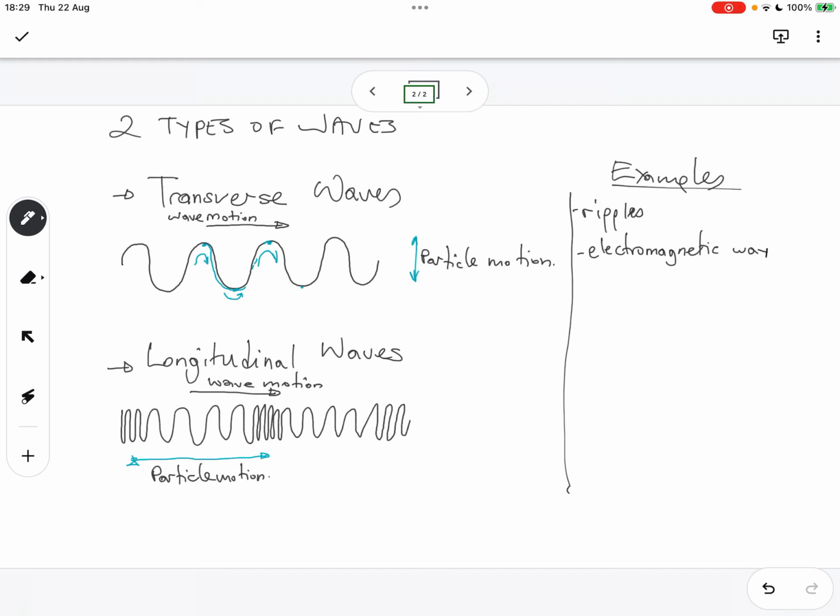And these also include light, radio, exactly the same radio in our households, like the FM radio, right? So radio waves and X-rays, right?